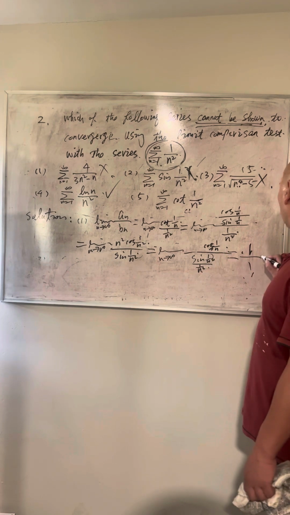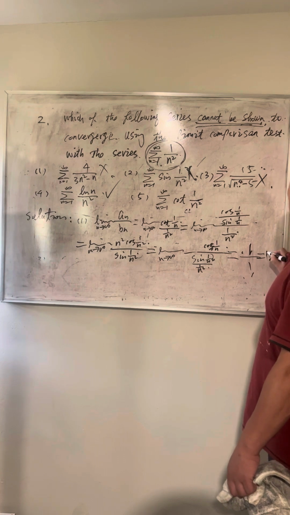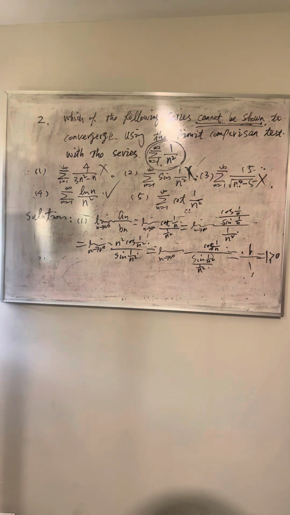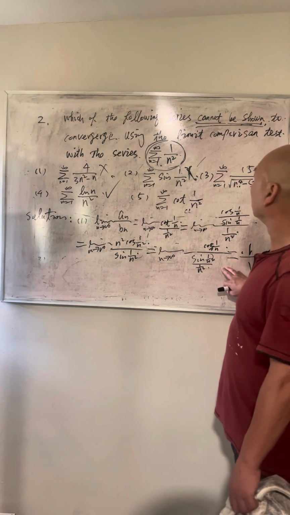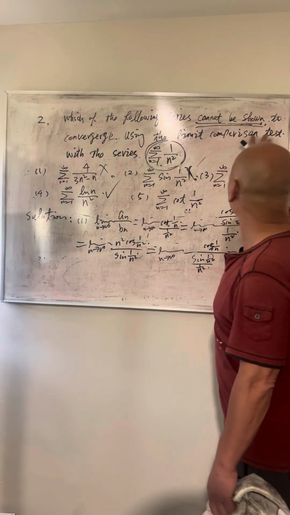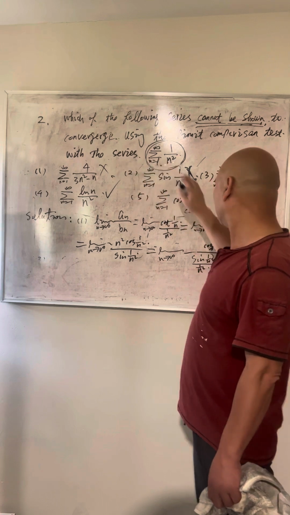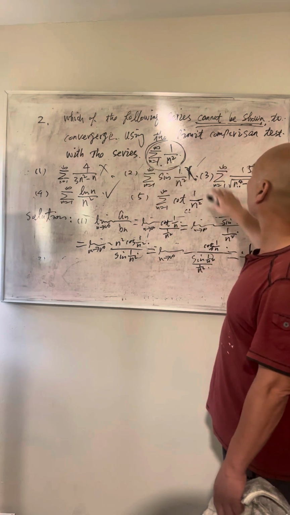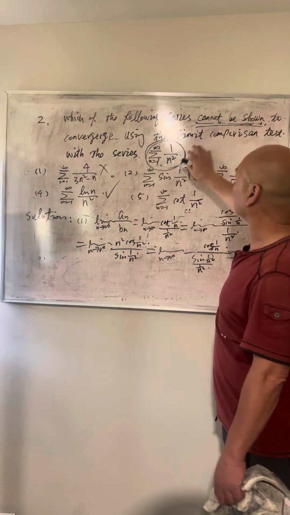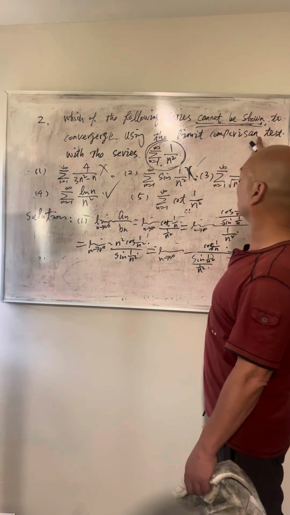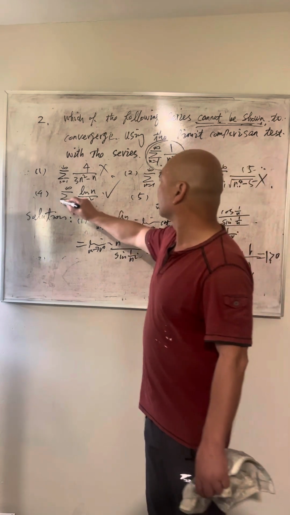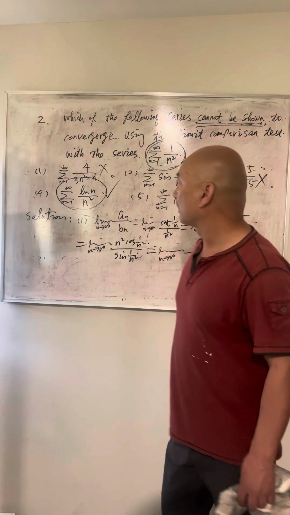Same thing, it's 1, positive. That's convergent. Thus in this question we can use the limit comparison test rule. Now which one cannot be shown convergent by this rule? The answer is number 4.